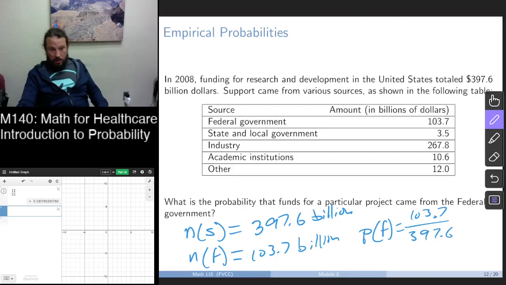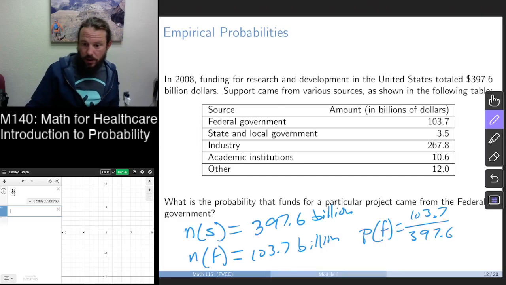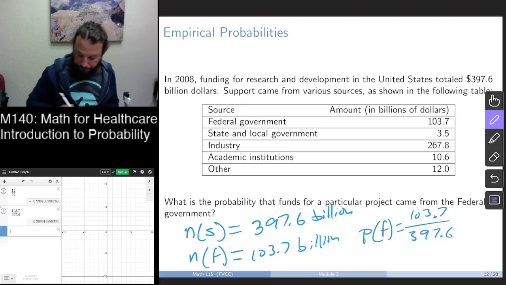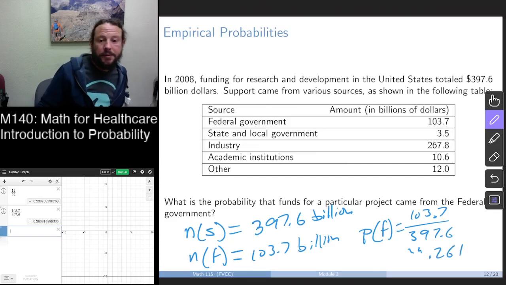So we're looking at somewhere close to a quarter, right? But let's see what that is specifically. 103.7 divided by 397.6 is approximately 0.261. Okay.